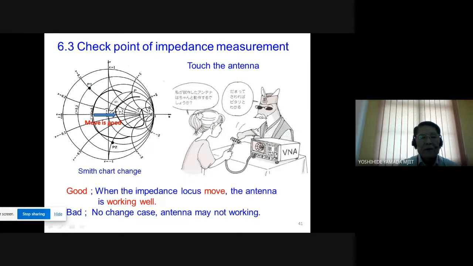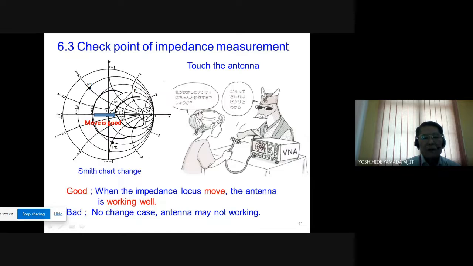In this case, impedance movement by our touching is good. By touching the antenna, the current distribution is disturbed, so the impedance is changed. In this case, the antenna is sufficiently working and the current flow on the antenna is correct.